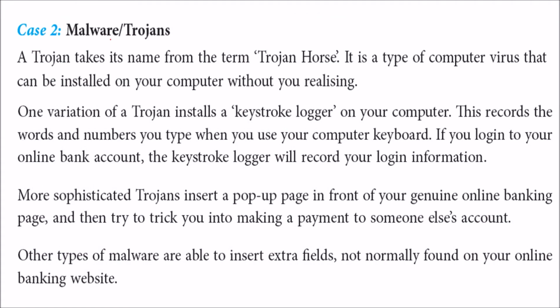Then case 2 is malware or Trojans. The Trojan has taken its name from the Trojan horse. We already know from history that while the fighting was going on, this horse contained the people who were fighting, and it was placed outside the castle while the armory and the fighters were inside.